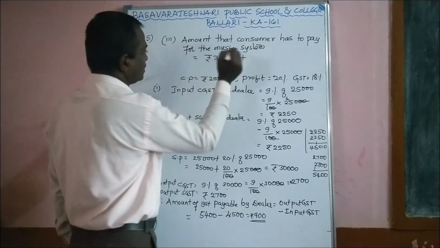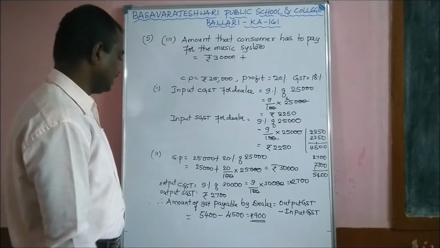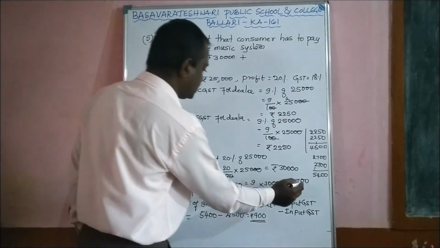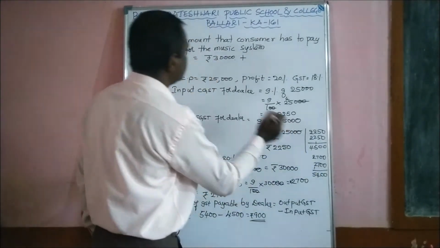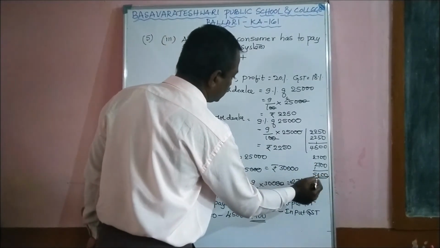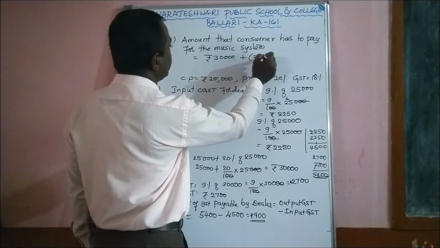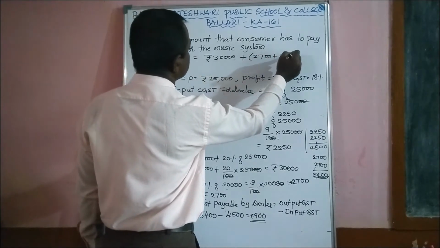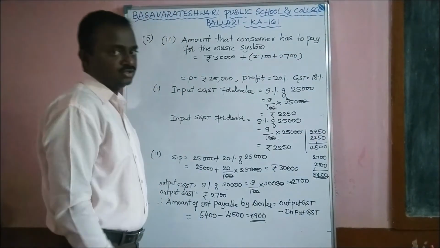30,000 rupees plus, what is GST? He has to pay 2,700 plus 2,700, the output GST taken by the consumer.